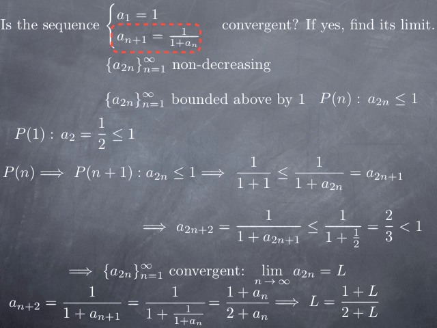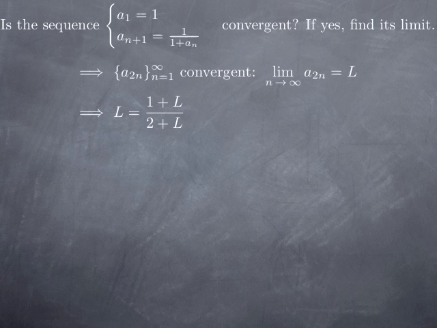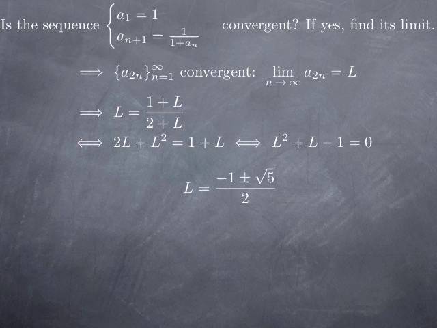So L must be equal to 1 plus L over 2 plus L. And now, if I multiply both sides by 2 plus L, I get 2 plus L squared is 1 plus L. Putting everything on one side, we get the quadratic equation L squared plus L minus 1 equals 0, whose solutions, using the quadratic formula, are negative 1 plus root 5 over 2 and negative 1 minus root 5 over 2.